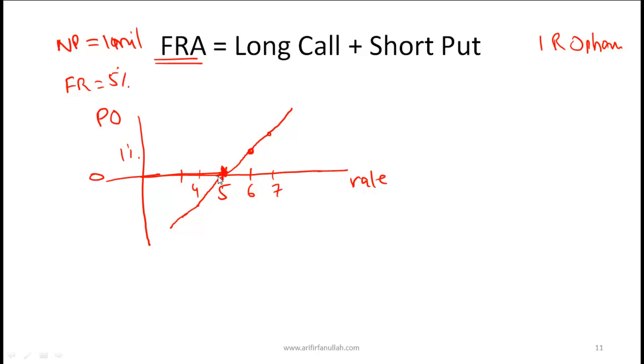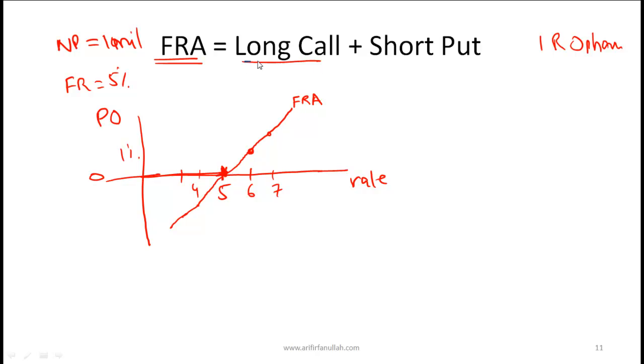Now let's get to the right hand side of this equation. We are saying that a forward rate agreement is a long call plus a short put. Another point about an FRA is that, remember from our earlier lecture, we don't pay any money to get into a forward rate agreement. Let me just label this as a forward rate agreement.